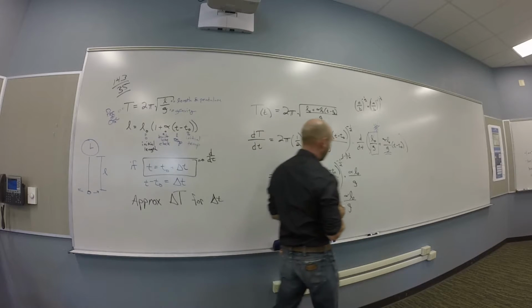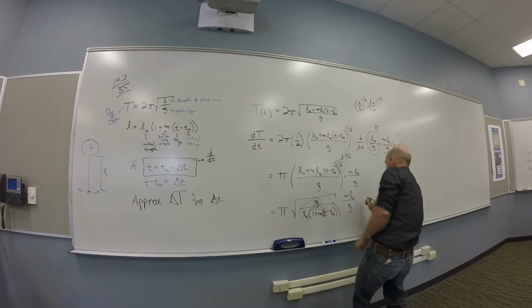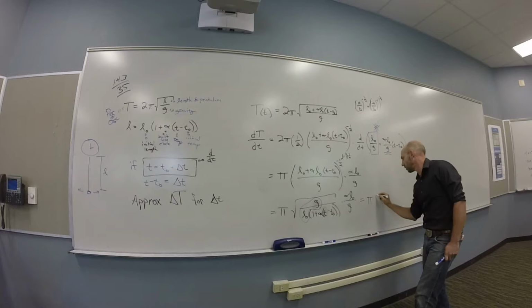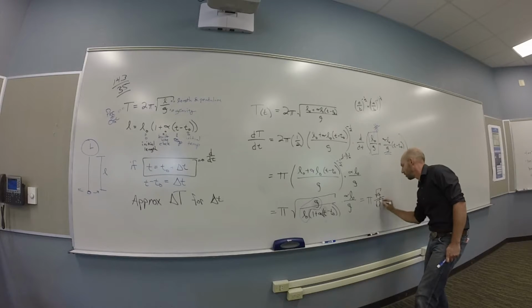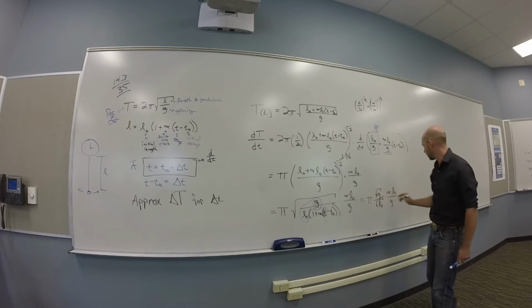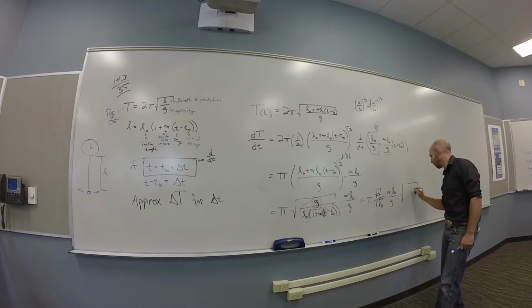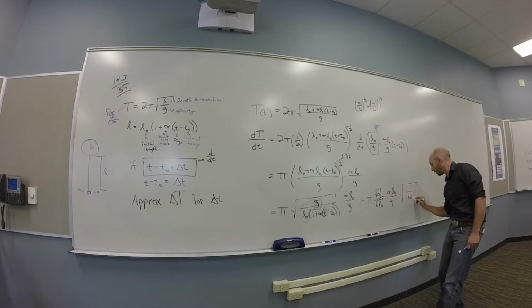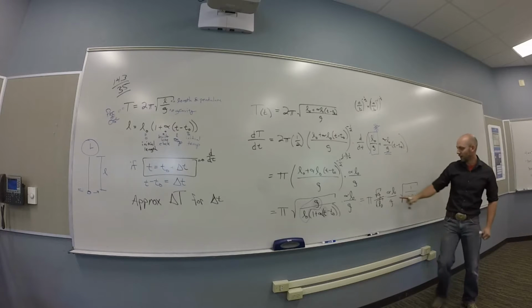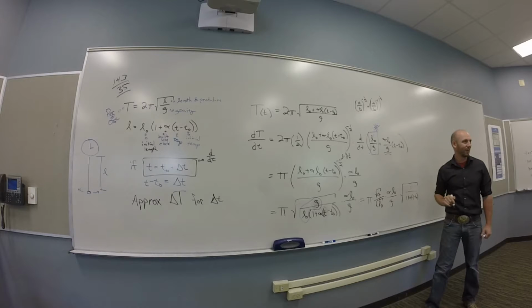And so I could pull that out and write this thing instead as pi times the square root of G over the square root of L naught times alpha L naught over G times the square root of 1 over 1 plus alpha T minus T naught. You guys all see that? And then I can obviously do a little bit of canceling, right?